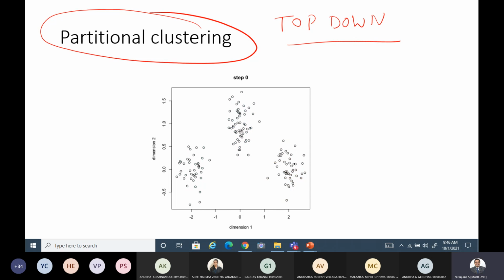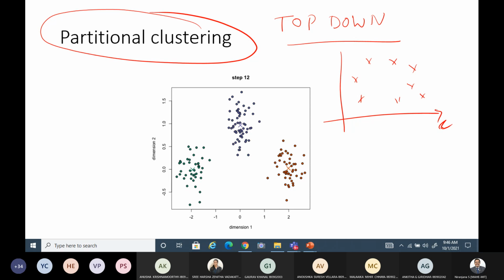So why do you call this? We were discussing one basic example earlier. When you are given all the samples in a sample space or feature space, in the top-down approach, you consider the whole space as a single space initially, and you start. The starting approach of the algorithm is different in top-down.